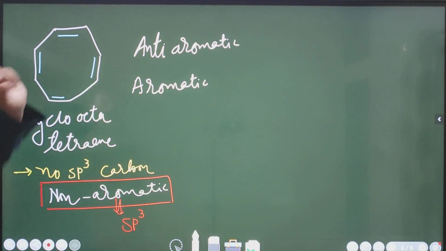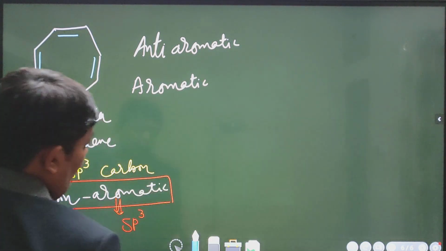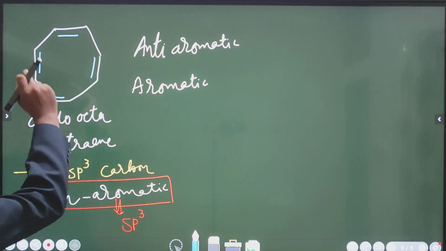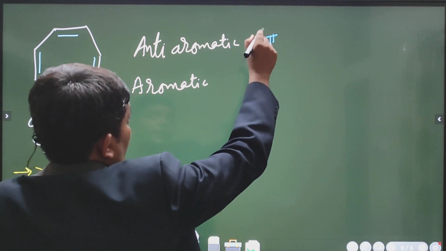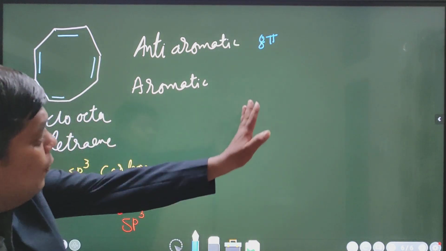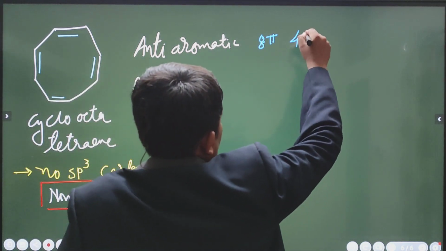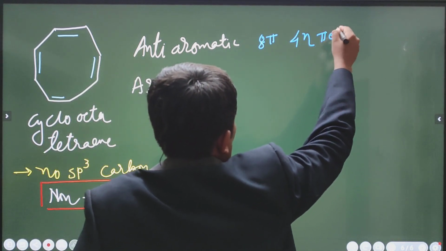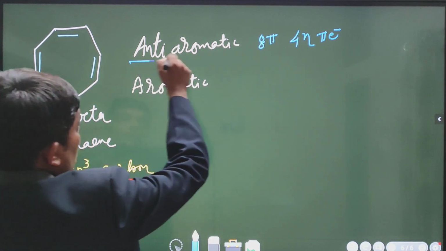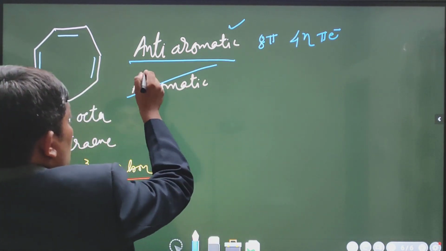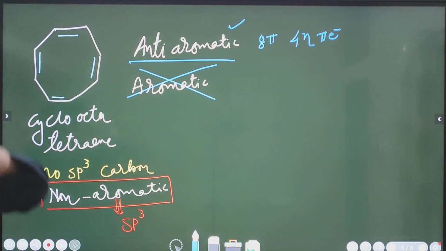These two will be in our mind, and then when we look at the number of pi electrons, 2 pi, 4 pi, 6 pi, 8 pi, as soon as we see 8 pi electrons, our whole focus moves towards the formula 4n pi electrons. When we see 4n pi electrons, we pick anti-aromatic, we remove aromatic, and our answer will be anti-aromatic.